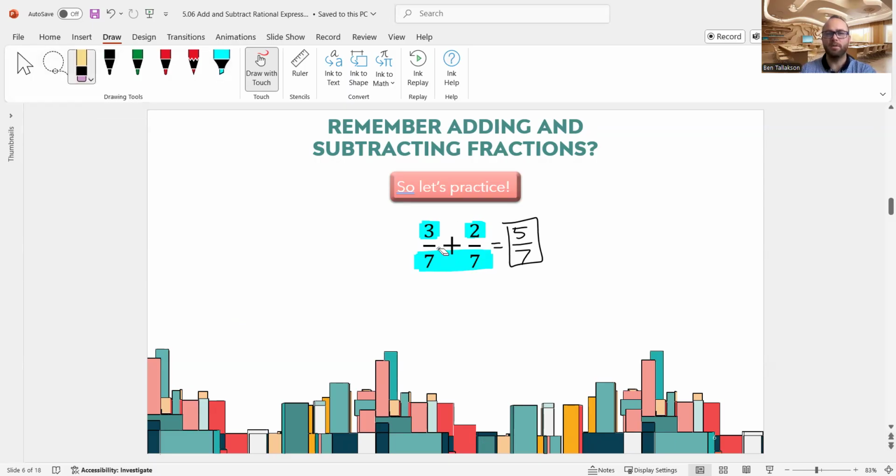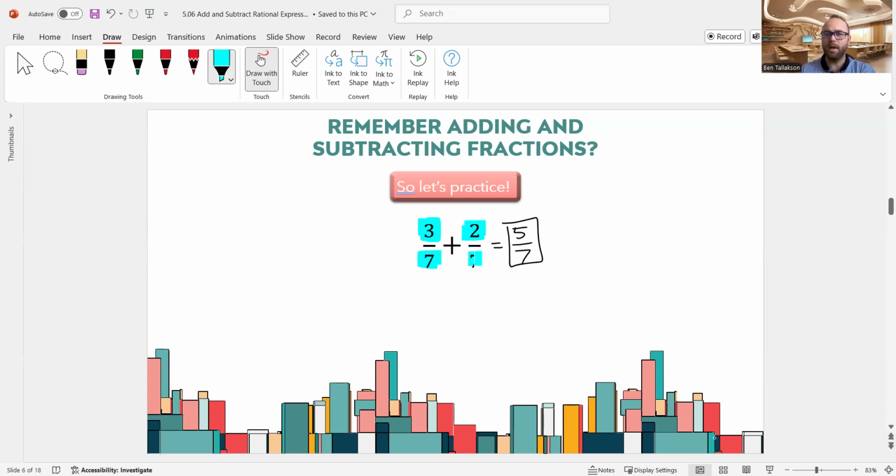Another way to think about this is in a real life example, like having a pizza, or let's say a bag of marbles. Let's say you had a bag of marbles that could fit 7, but you only have 3. And ultimately, you want to know, if I added 2 more marbles, how full would that bag be?